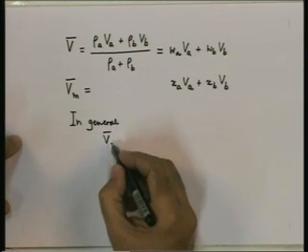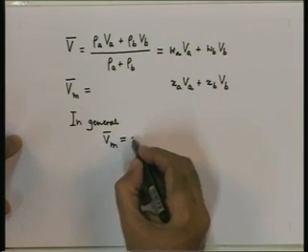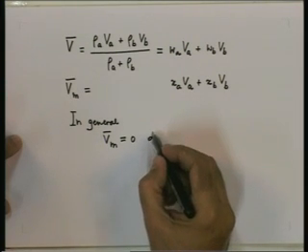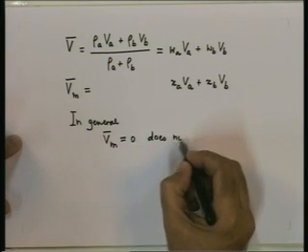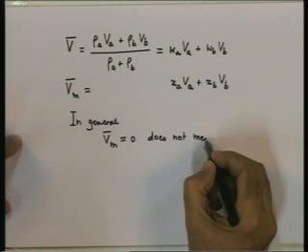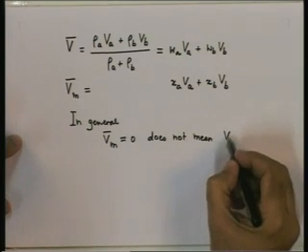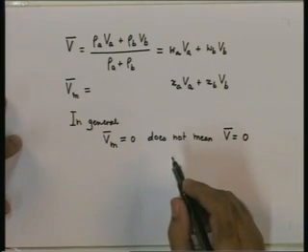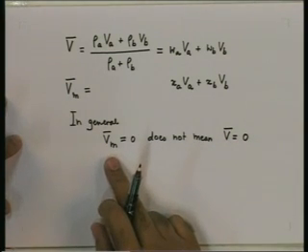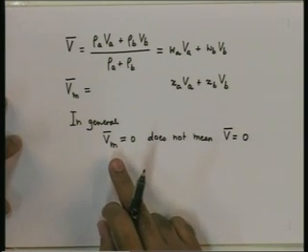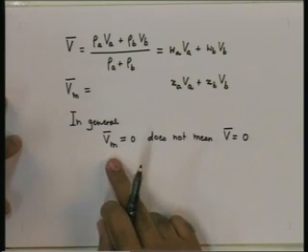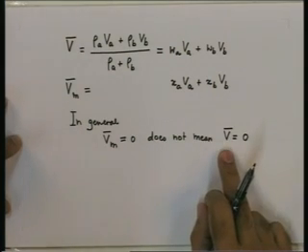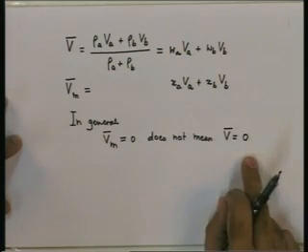And that also means that in general the case of Vm equal to 0 does not mean V bar equal to 0. So, if the molar average velocity is 0 and the mixture is stationary in that sense, it does not mean that the mass average velocity is 0.